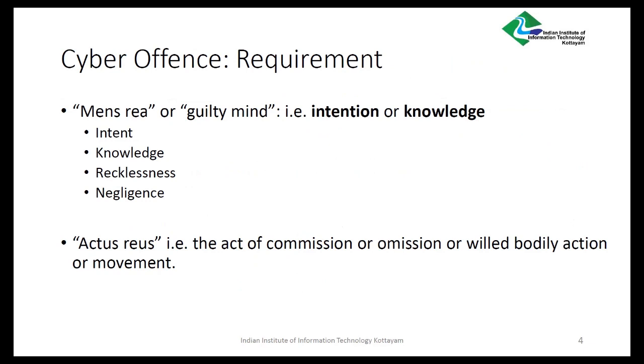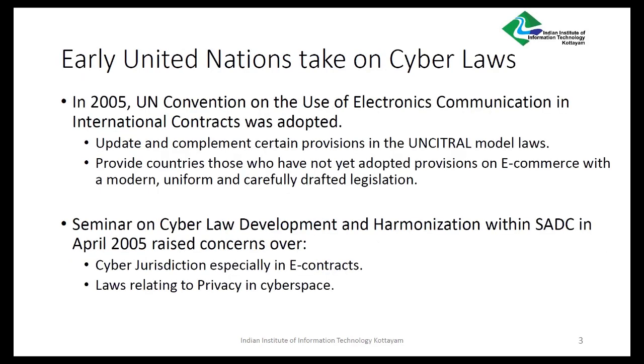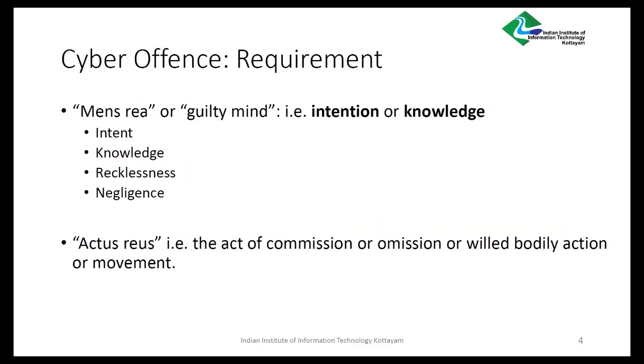For example, if I physically lash out at someone, I knew it is bad, but I don't really care about the consequence there. Most often, knowledge and intent go hand in hand, and you can't really distinguish between them. In most cases, knowledge and intent are more or less similar.